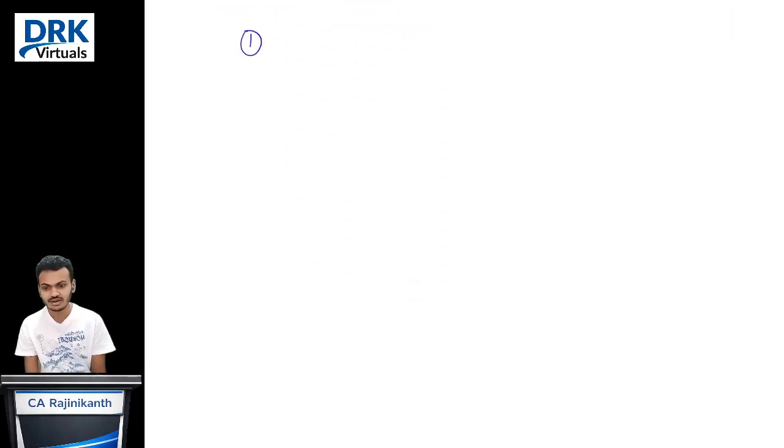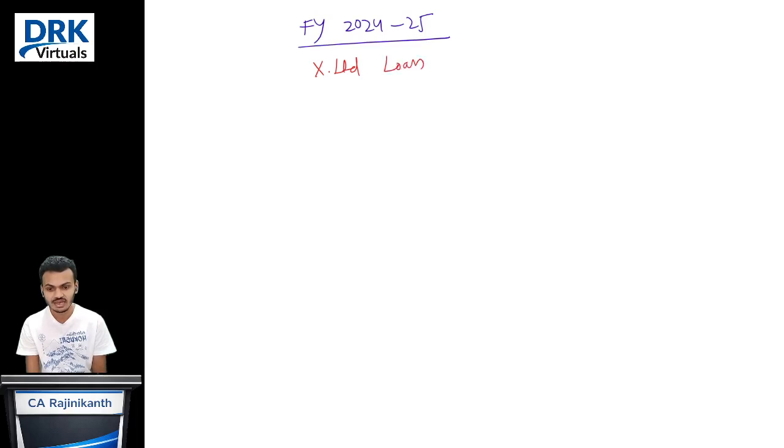Assume we are in financial year 2024-25. There is a company called X Limited. That company needs a loan of rupees 8 lakh.